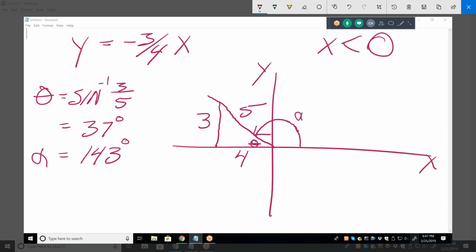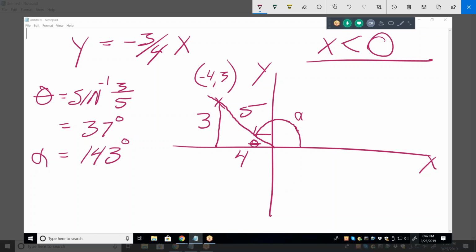But now notice what's going to happen. When you go do all your 6 trig functions, notice why x is less than 0. We're going to the left to measure x. X in this case would be minus 4. In other words, if I have to put coordinates on that point right there, it's minus 4, plus 3.